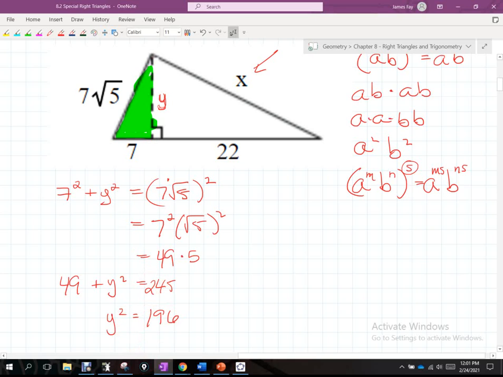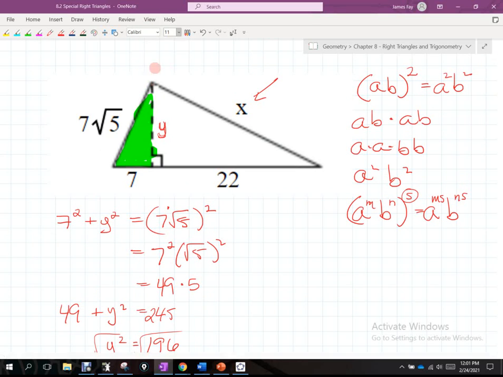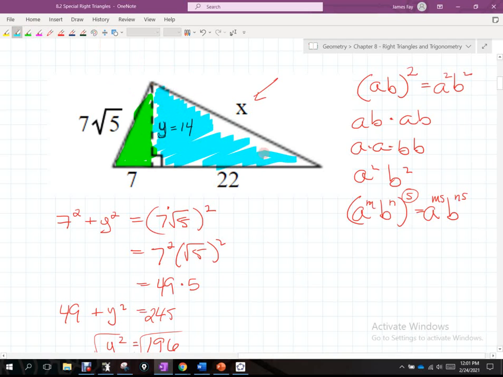If y squared is 196, does anybody know what the square root of 196 is? 14. So now that's the first clue. You know y is 14. Does that now give you 2 distances in this triangle to solve for x?